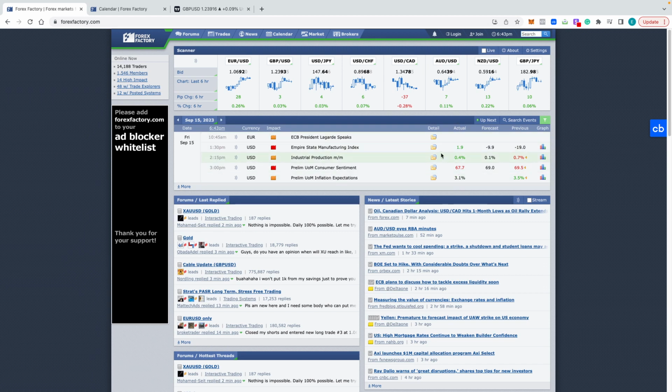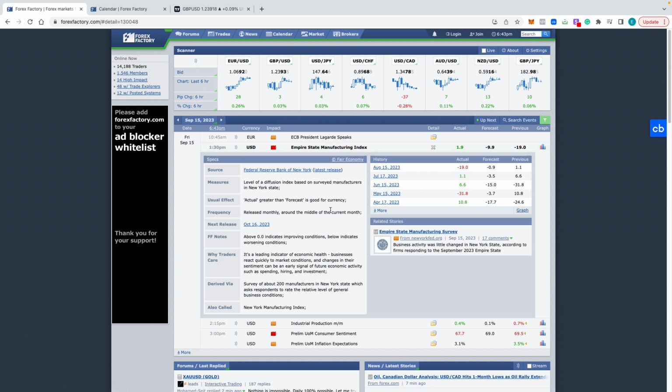And if we press on this over here, it essentially tells us, okay, what is this? So it measures the level of diffusion index, blah, blah, blah. All we need to know is the usual effect. In this case, actual is greater. If actual is greater than forecast, then this is good for the currency. And good for the currency means that any pair trading against the USD will go down in value.